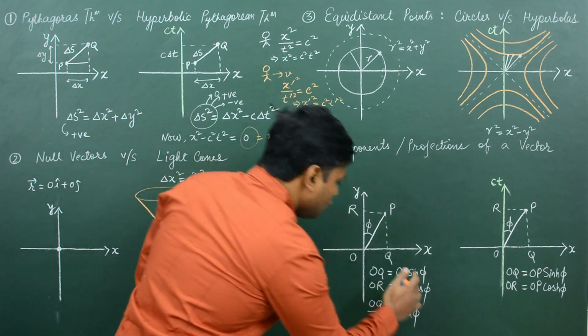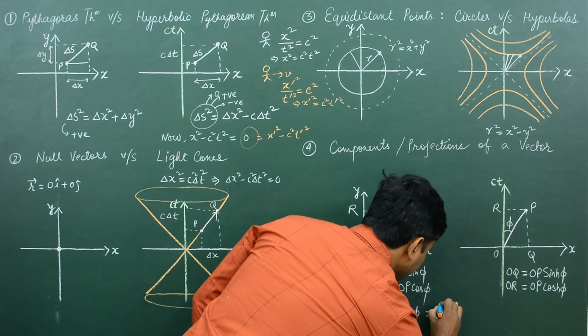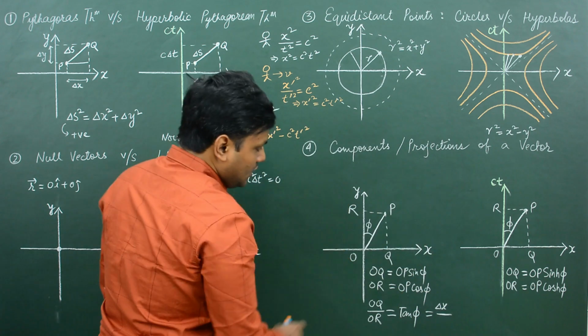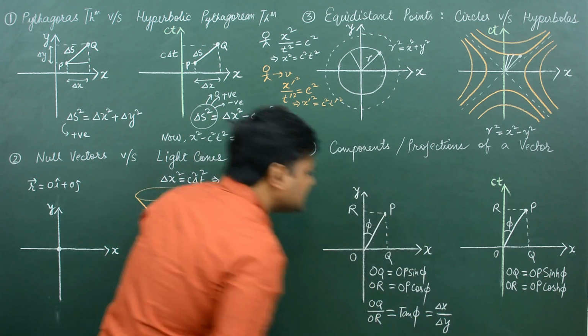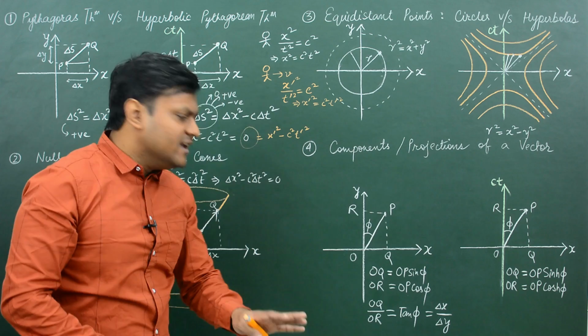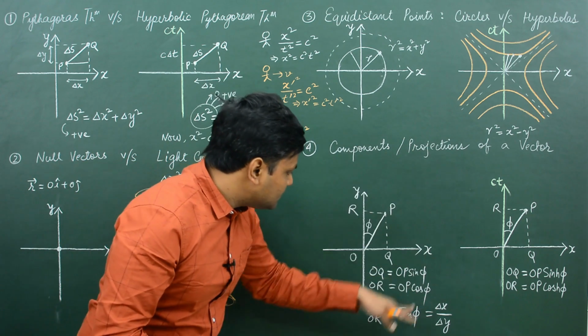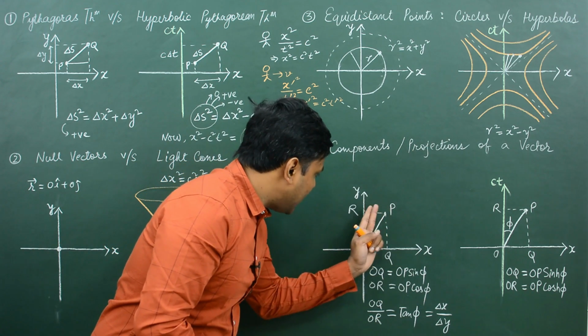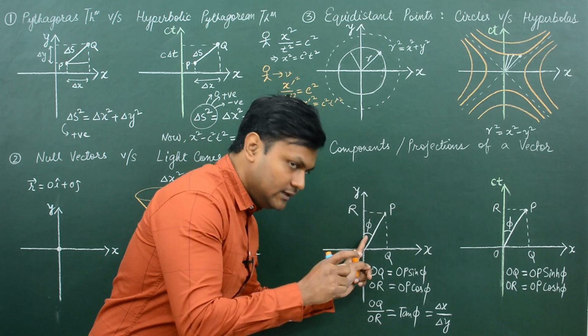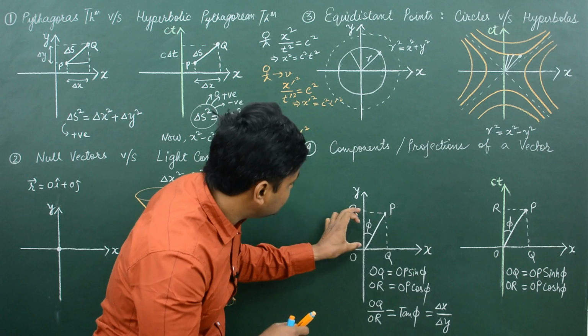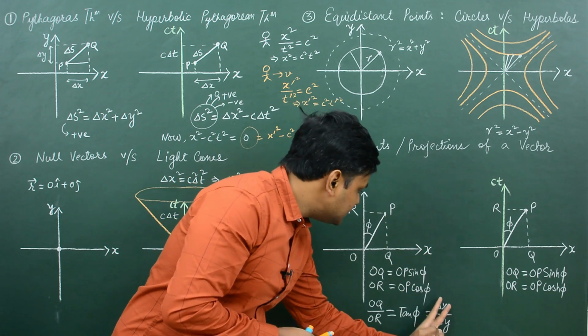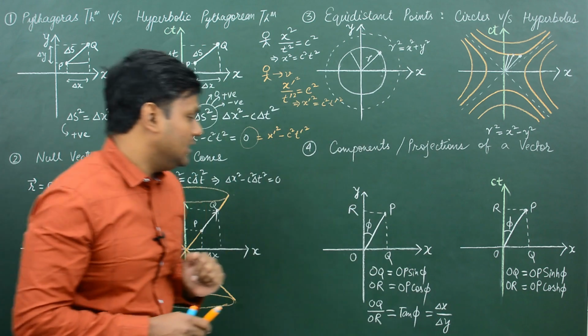What is OQ? OQ is nothing but del x. What is OR? OR is nothing but del y. This is a very simple and obvious calculation in Euclidean space: if you have a right angle triangle where phi is the angle, then tan phi is simply equal to the opposite side by the adjacent side, where the opposite side here is del x and the adjacent side here is del y.